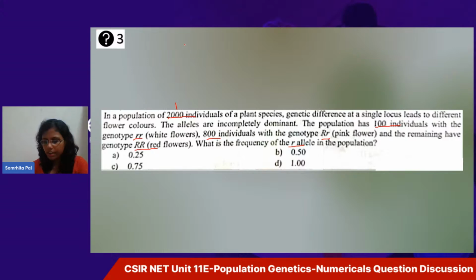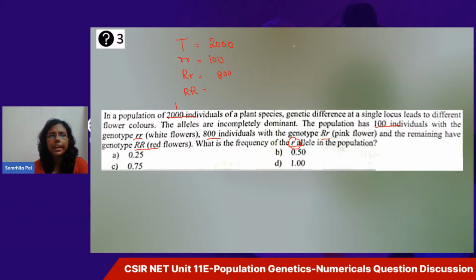So I will just jot down the information which I require to find out the frequency of R. So the total they have given me as 2000. Then the smaller number they have given me as 100. Heterozygous they have given me as 800, and they are saying that the rest is red.